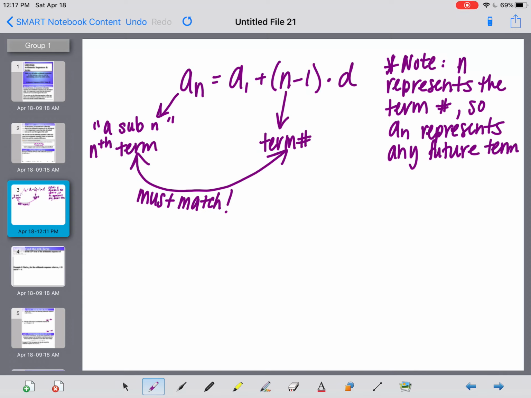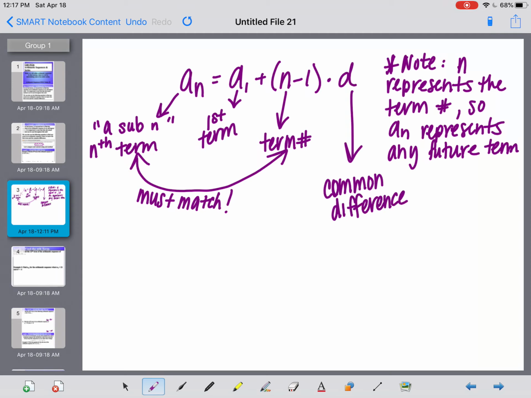So you can't be talking about a sub 7 and say that n equals 10. If you're using a sub 7, then n must equal 7. Okay. A sub 1 here is our first term in the sequence, and d is our common difference. So let's see how we apply this equation.